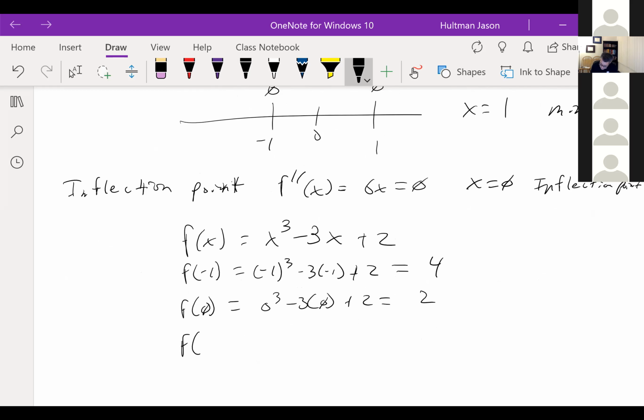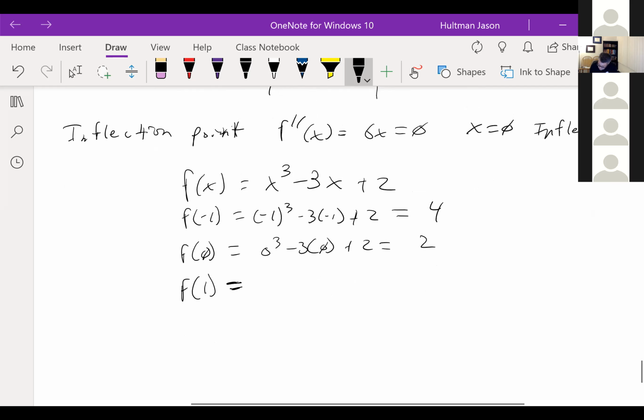Okay, and then what's f of 1? 1 cubed minus 3 times 1 plus 2 equals, what is it equal to? 0. Yeah, it's 0, exactly.